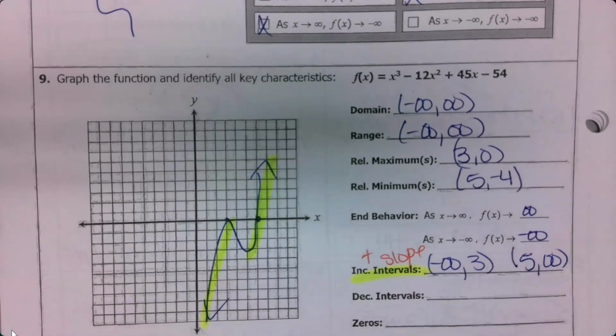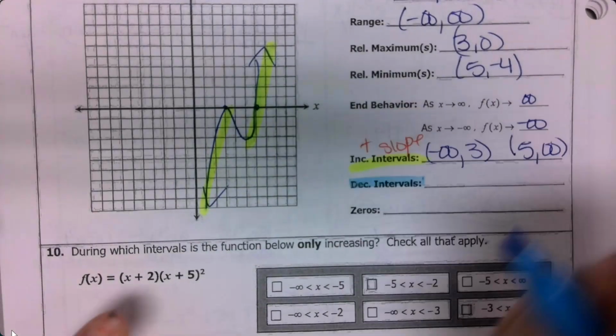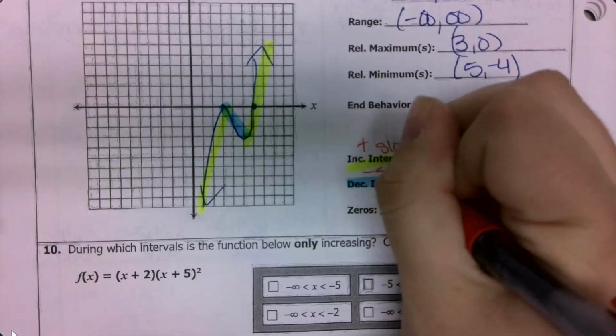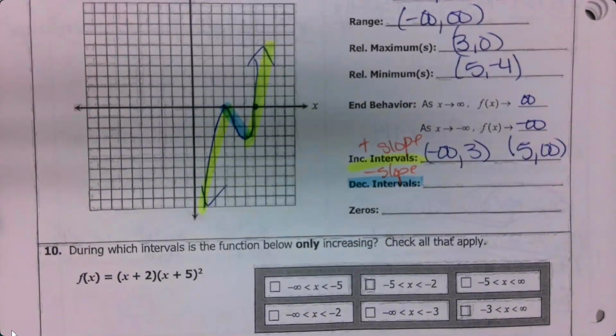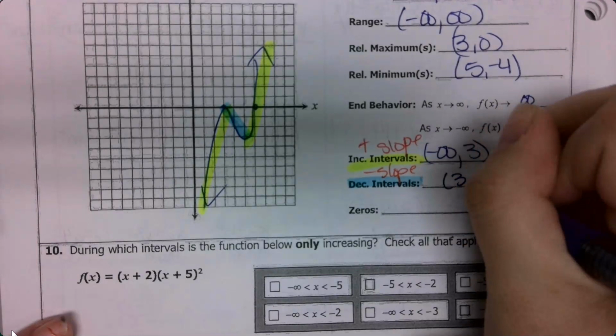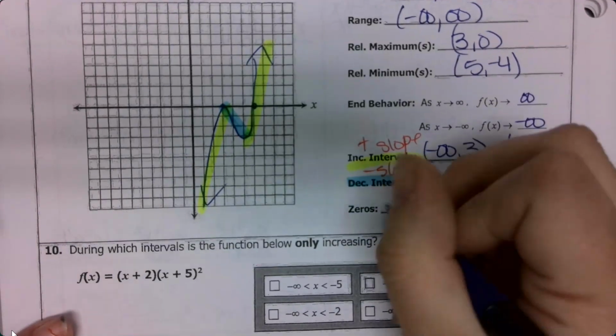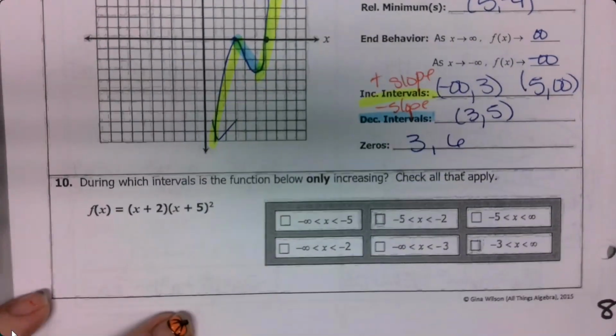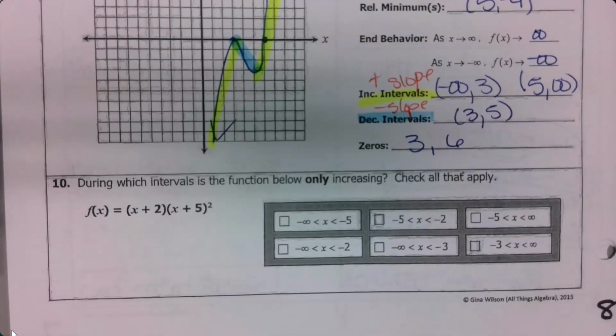And then the next one I have is my decreasing intervals. This is where I have a negative slope. So this one is in between 3 and 5. And then my zeros are at 3 and 6. Number 10 wants me to find where the function is increasing.